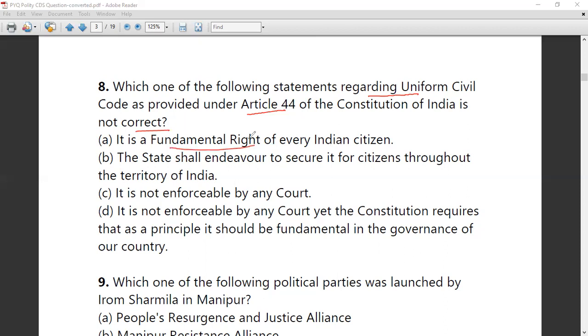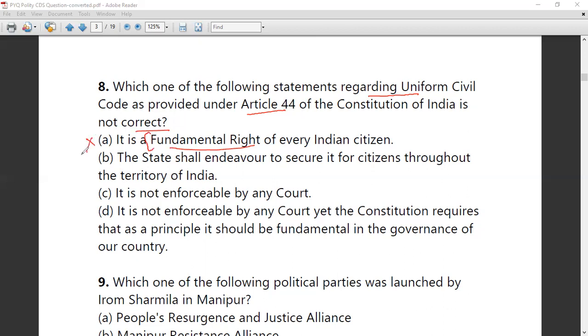There is a difference between fundamental rights and DPSP, because DPSP is a kind of direction given to the government of this country, which should make laws keeping these points in mind. But it is not mandatory for the government, as it is non-justiciable, not enforceable by any court. So it is not a fundamental right. I think the first option only is incorrect.